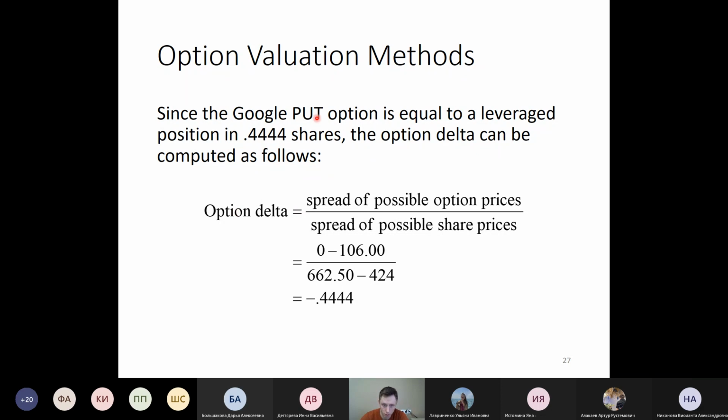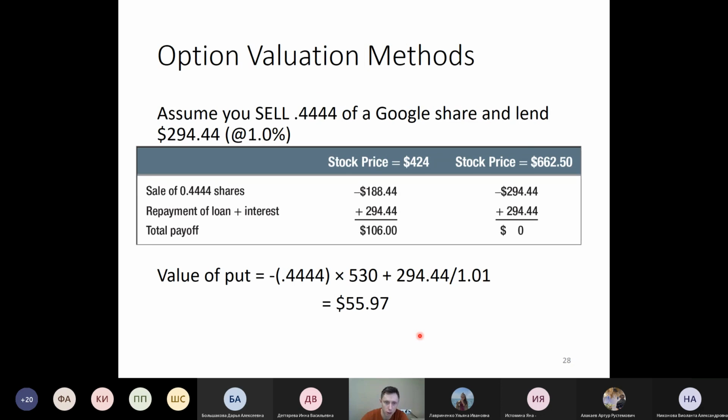We can also estimate this again. And the principle here, as it is minus, in order to replicate the put option, we go short on the underlying assets with a fraction that is equal to the option delta, and lend some amount, which is the residual amount, to the bank, having additionally some percent.